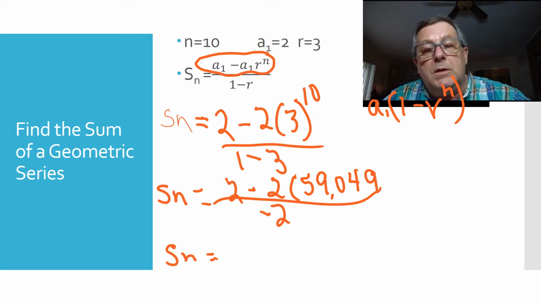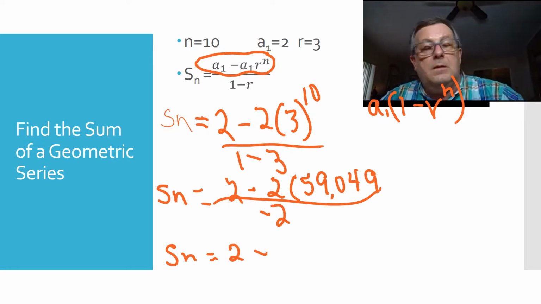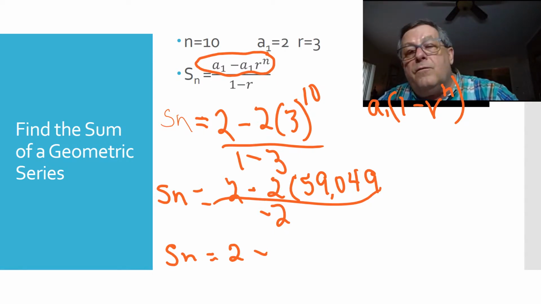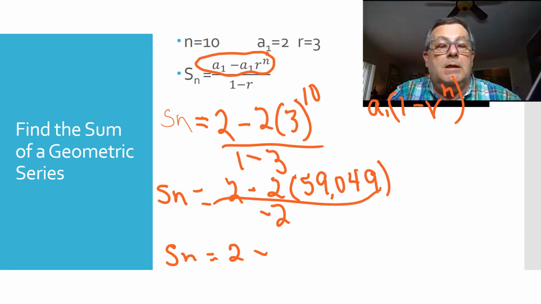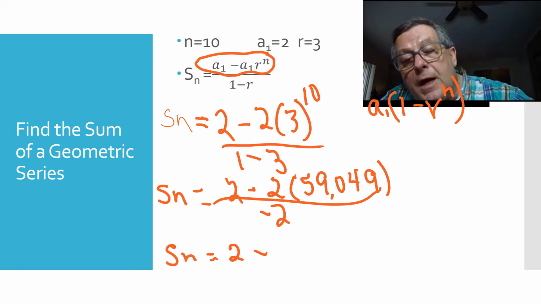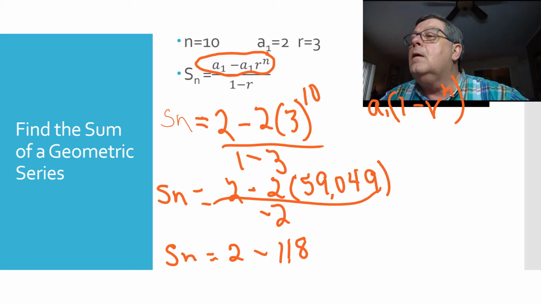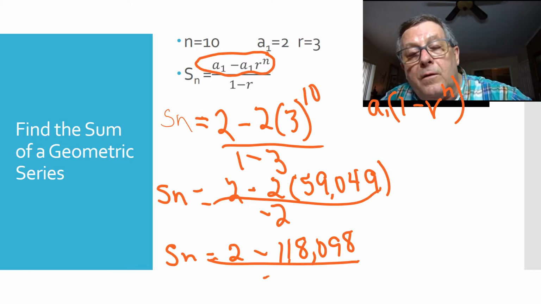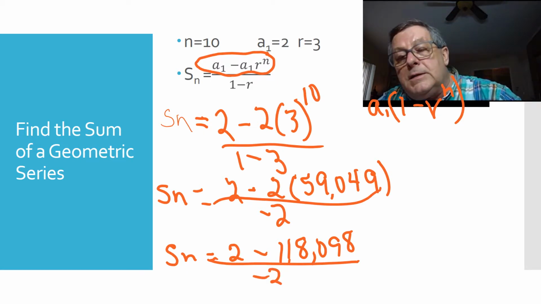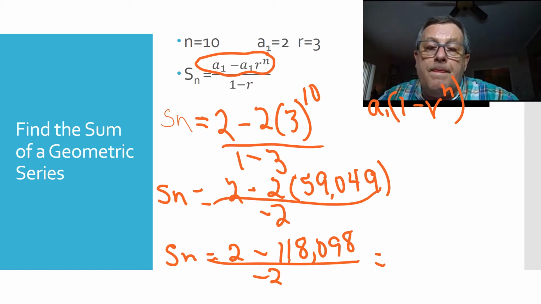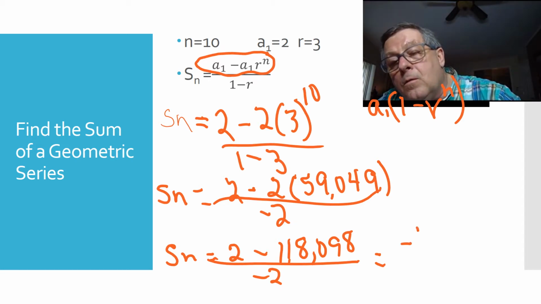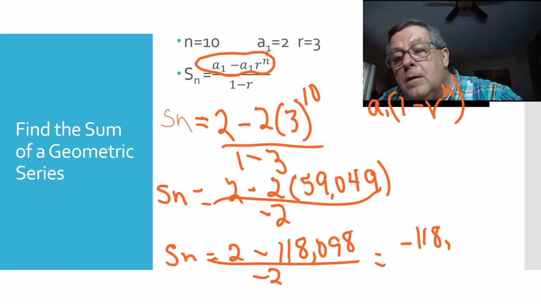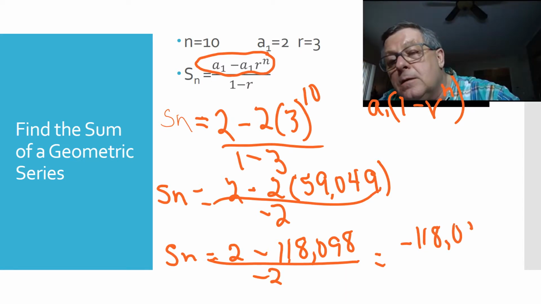Let's continue mathematically. We have 2 minus 2 times 59,049, which is 118,098, over negative 2. That's going to equal negative 118,096 over negative 2.